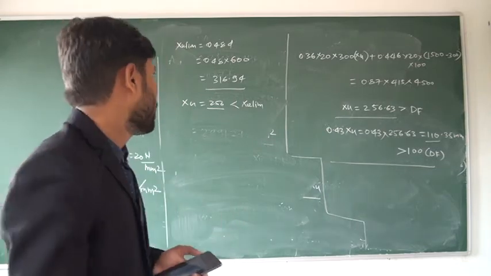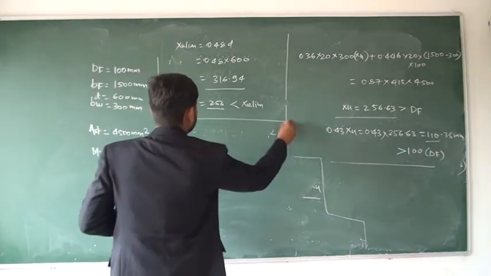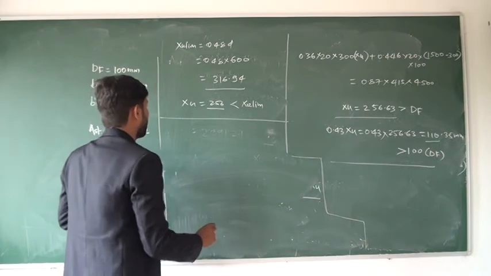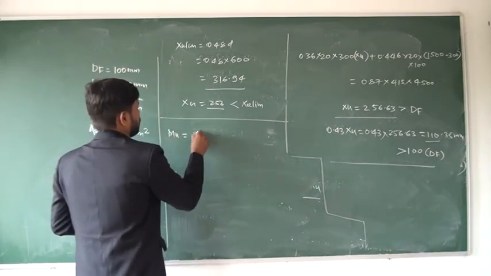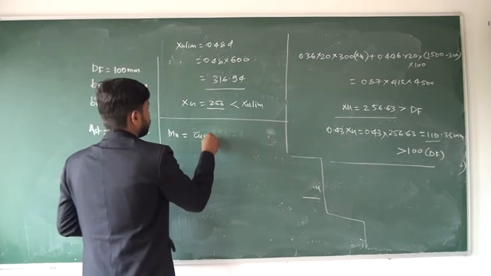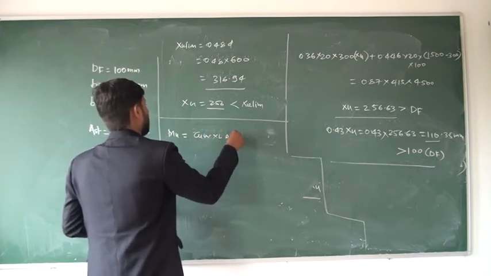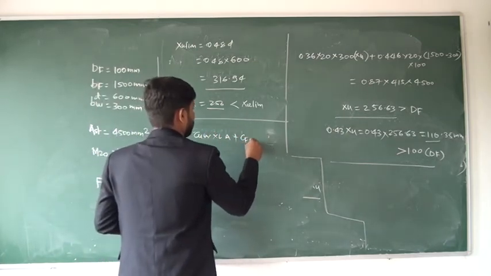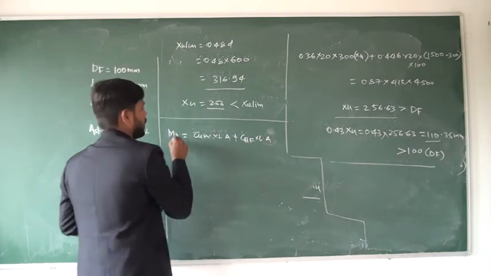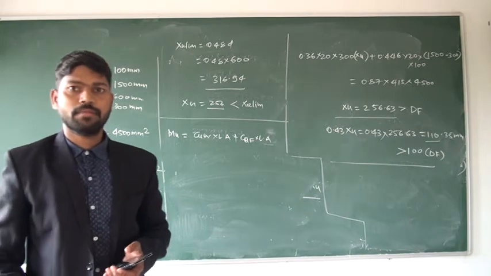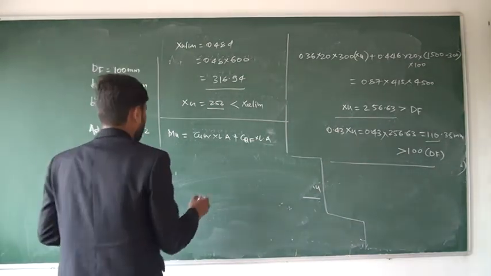Okay. So MU value: CUW into lever arm plus CUF into lever arm. We have derived this equation in the previous lecture. Okay, substitute all the values.